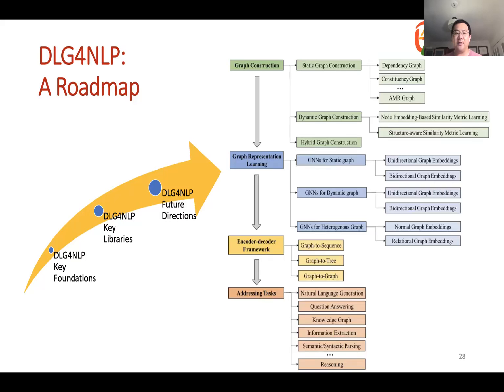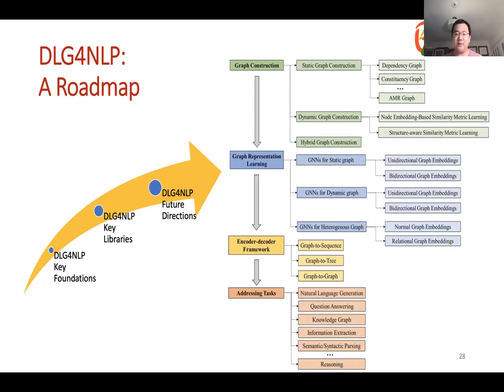Once you have a graph at hand, we have to choose the proper graph representation learning technique to use. That really depends on whether it is a static graph, a dynamic graph, or a heterogeneous graph.